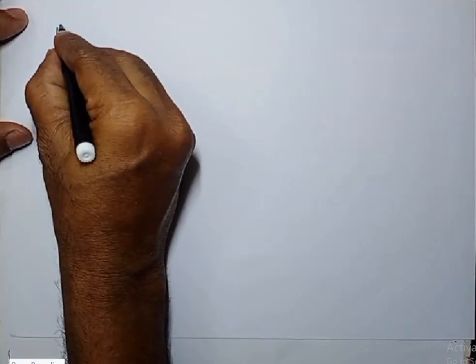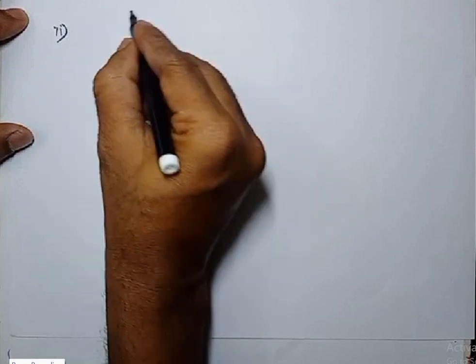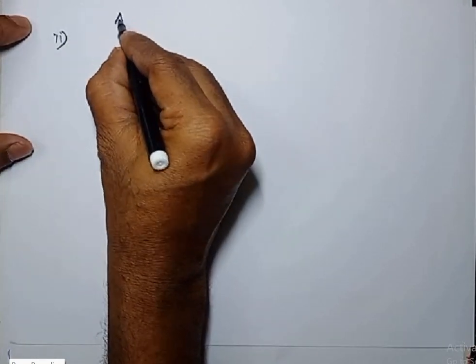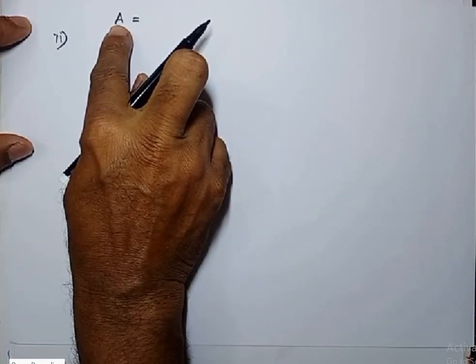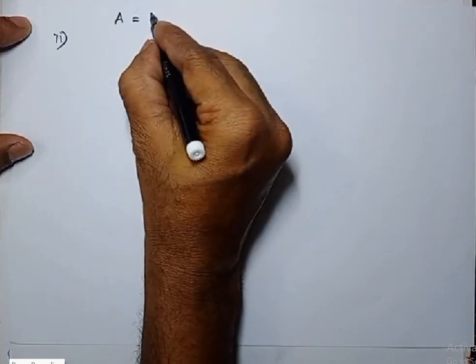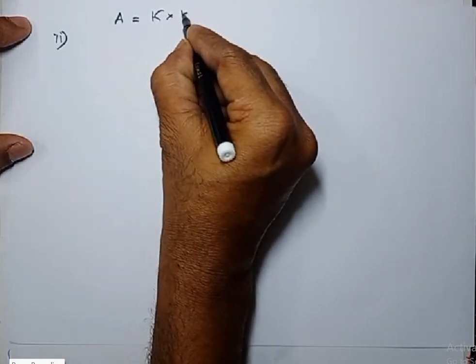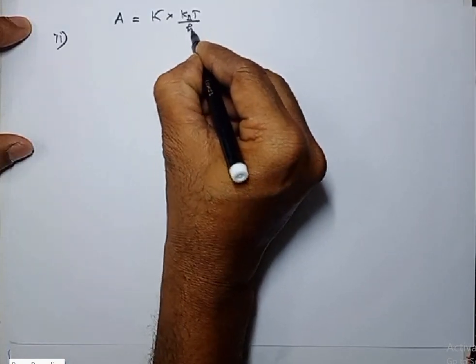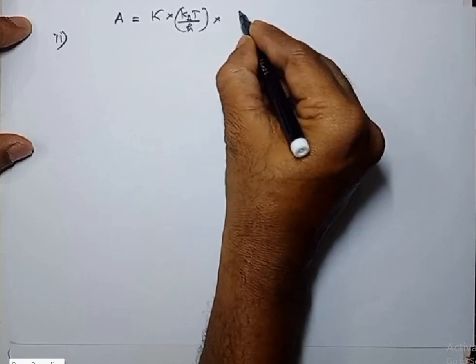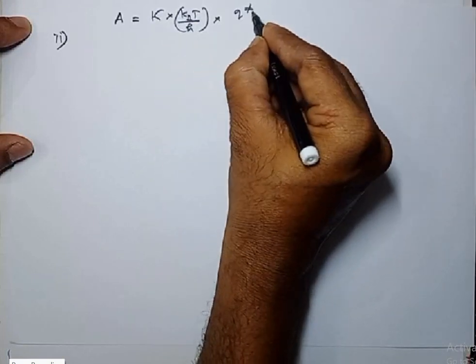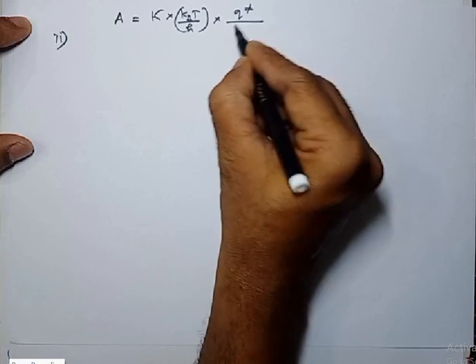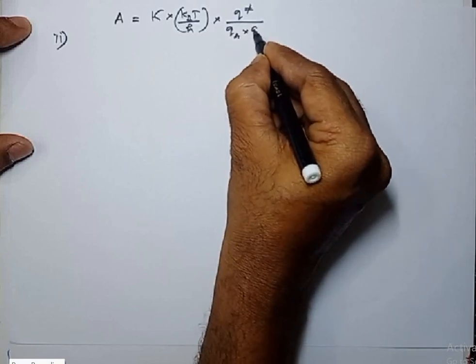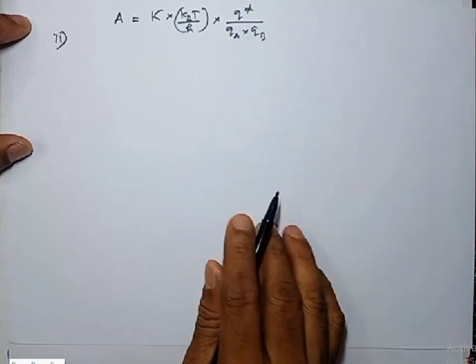Second question, listen. Before going to the second question, let me write the expression. The pre-exponential factor of the Arrhenius equation is equal to kappa into kBT by h into q double dagger, the partition function of the activated complex, divided by the partition function of the reacting species.